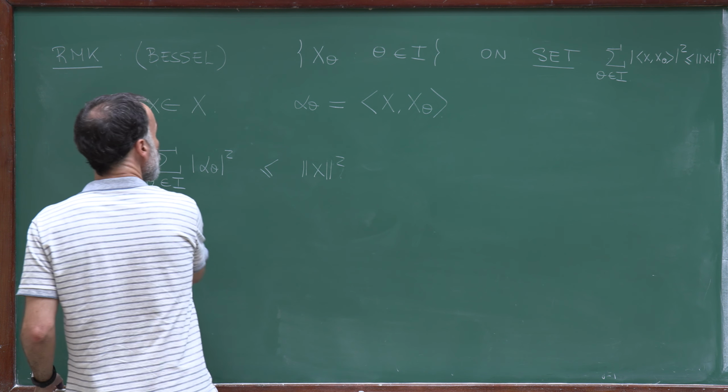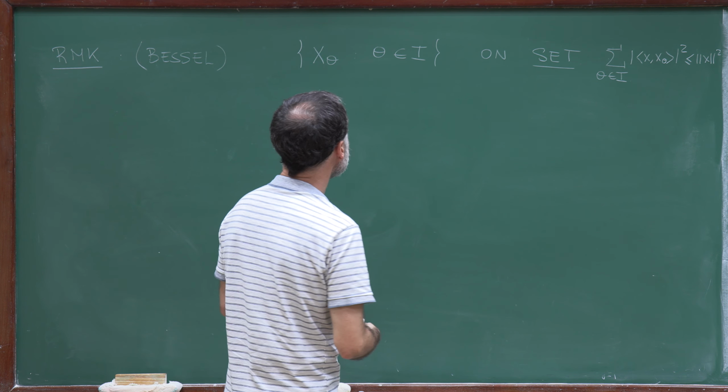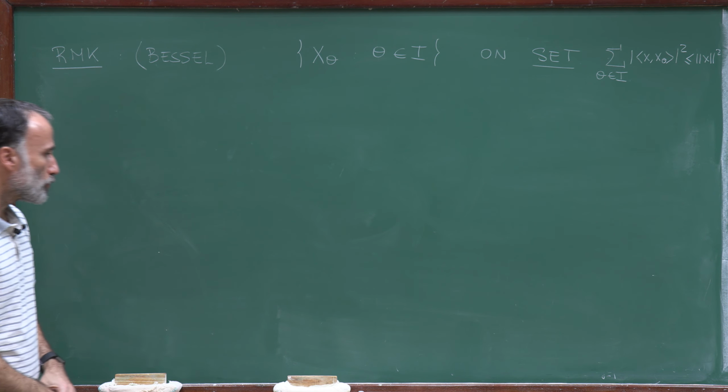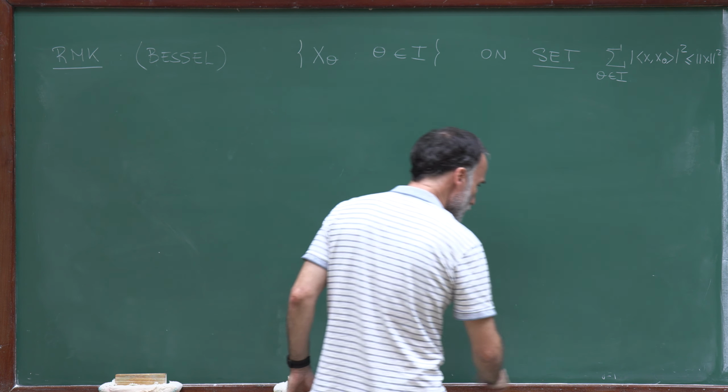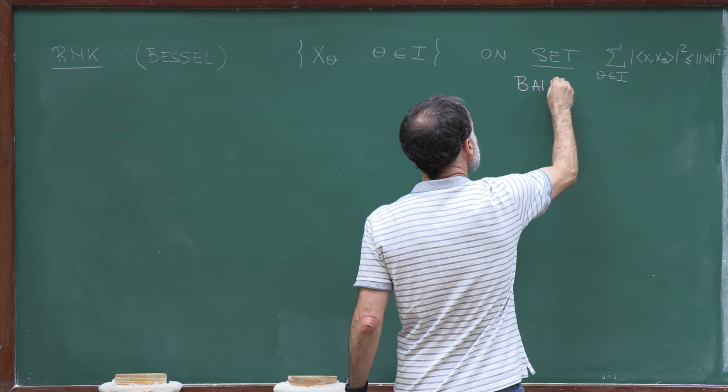Now, what I want is to replace this assumption that x_theta, theta in I, is an orthonormal set by a stronger one. I will assume that this is an orthonormal basis.